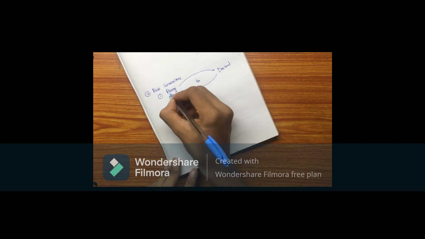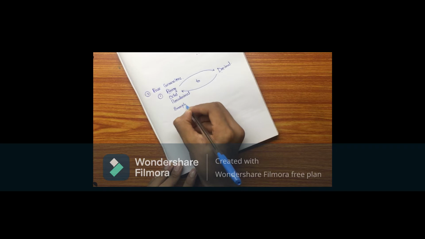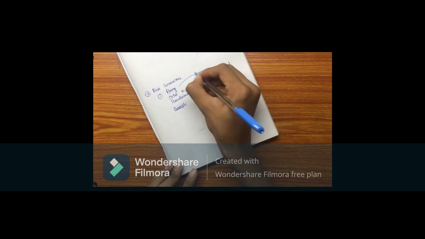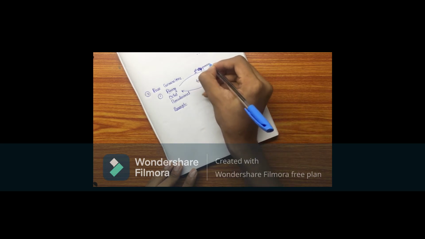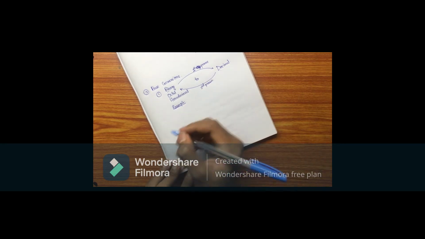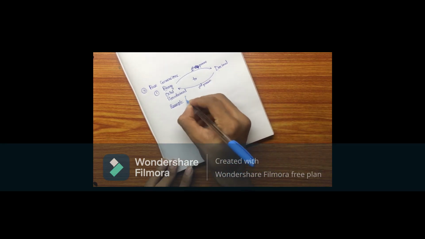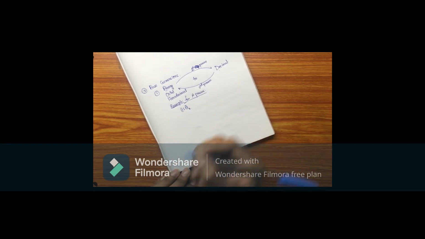Okay, so let's see a binary to decimal example. This is the first process, and that is the second process. Example for the first process: suppose 110, a binary number, is asked to be converted to decimal. Then what are we going to do?